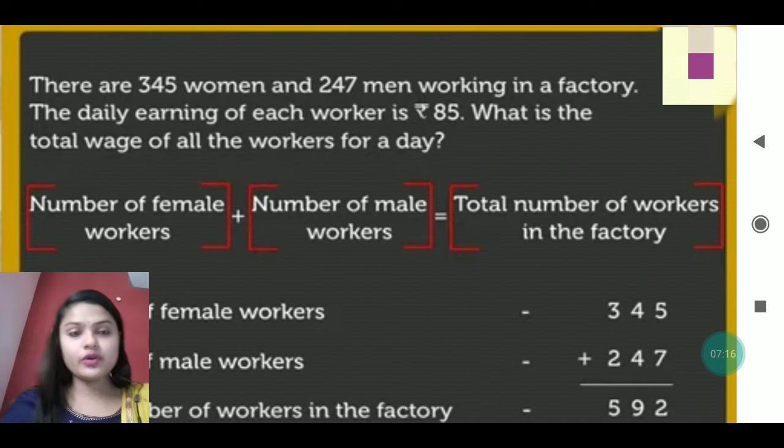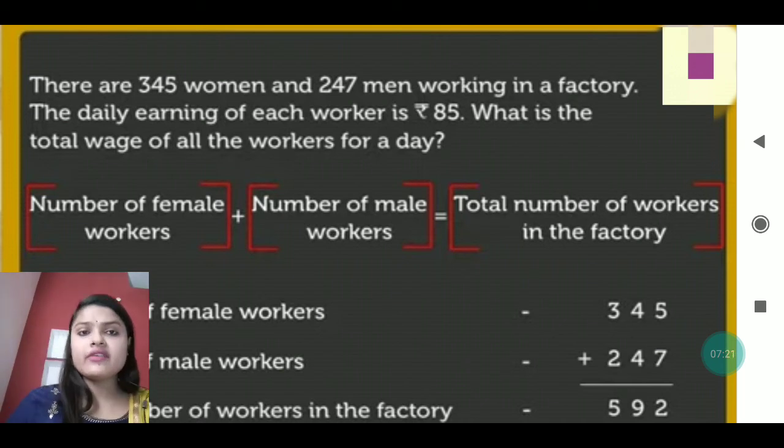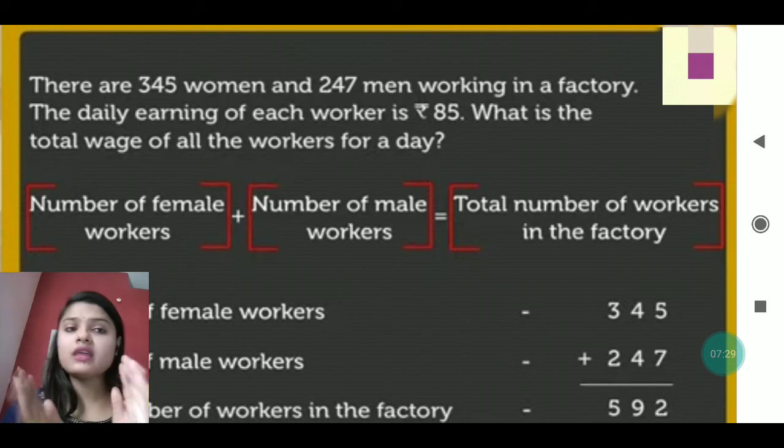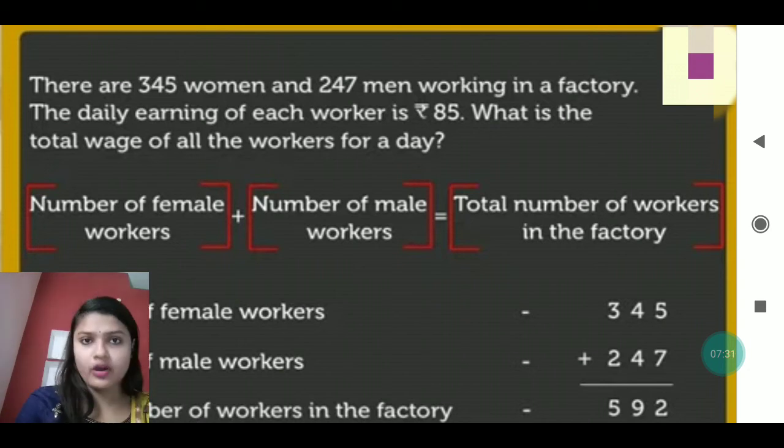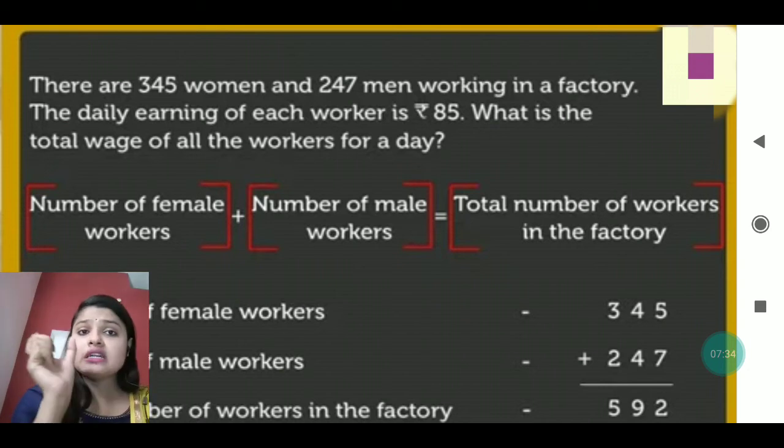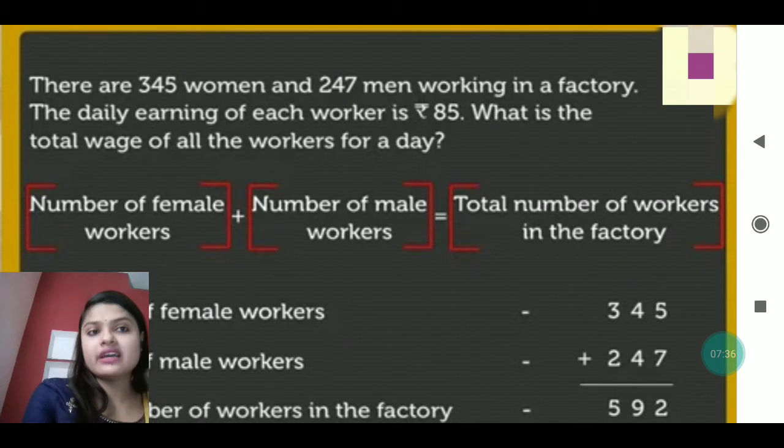See students, now here is this question we are going to discuss. There are 345 women and 247 men working in a factory. Number of women and number of men are given. The daily earning of each worker is this much rupees.